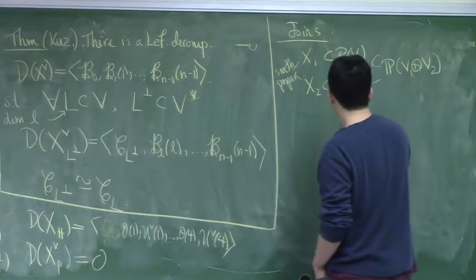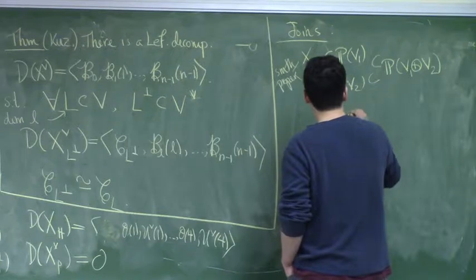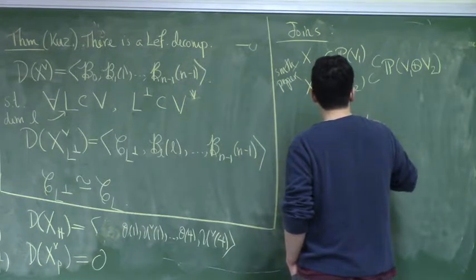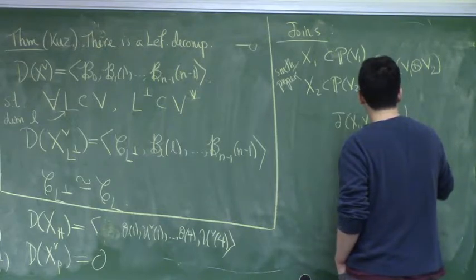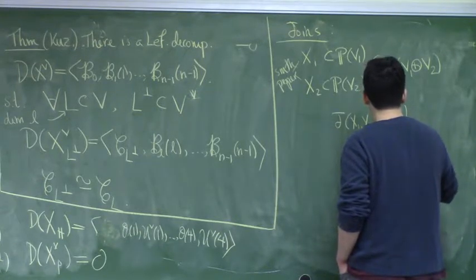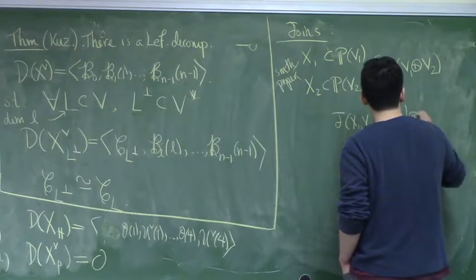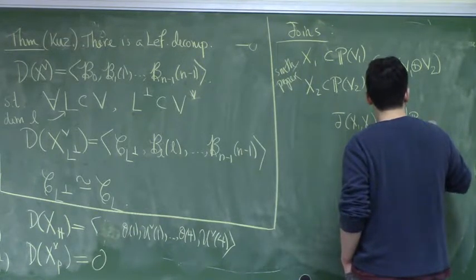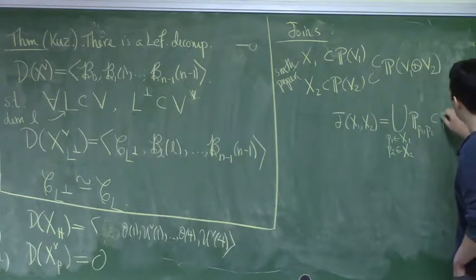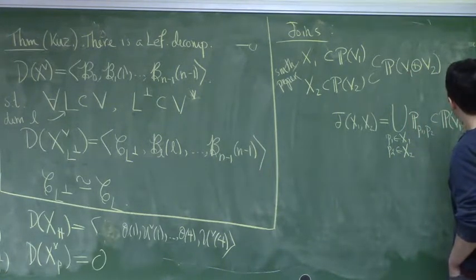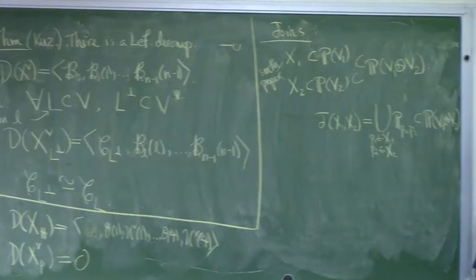My notation for that will be J(X1, X2), and it's just the union over all points P1 in X1, P2 in X2 of the line from P1 to P2 inside of this big projective space P(V1 plus V2). So this is the join of two varieties.